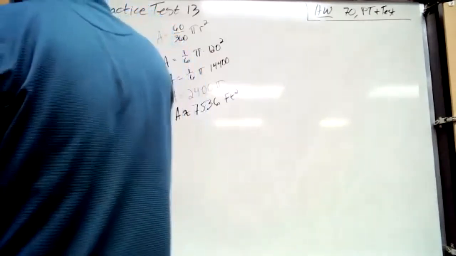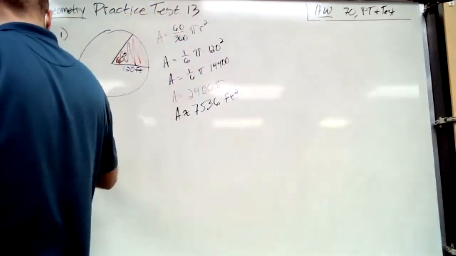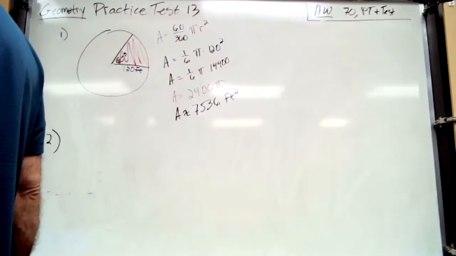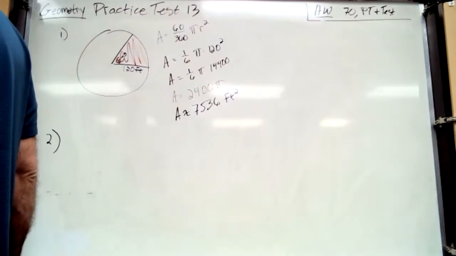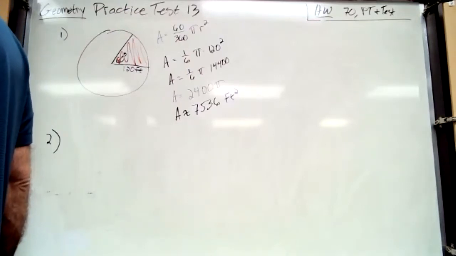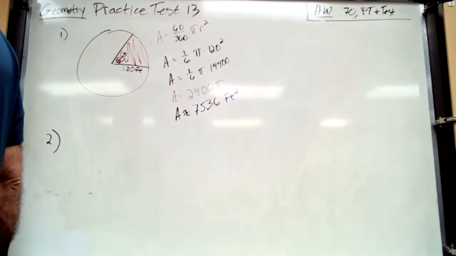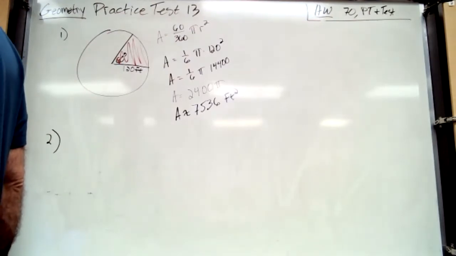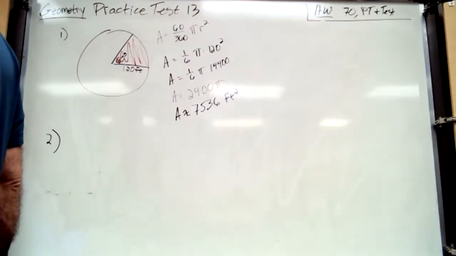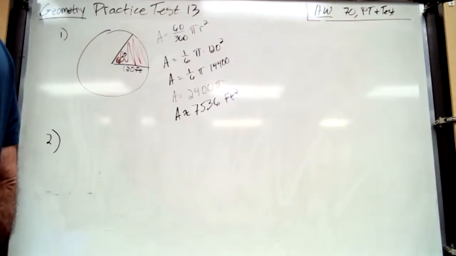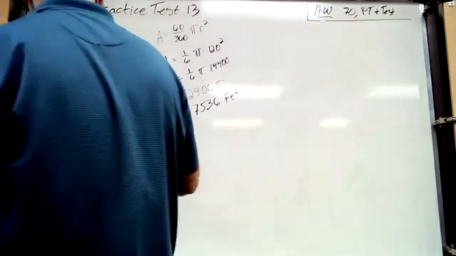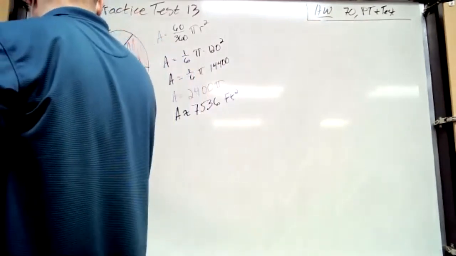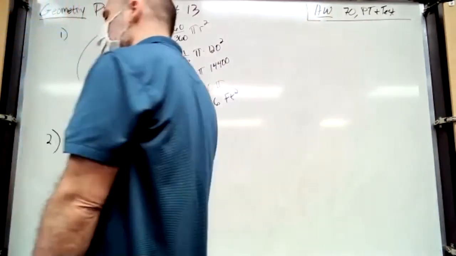All right, number two. If a triangle is equiangular, it's also equilateral, right? And has a perimeter of blah, blah, blah. Determine the length of each side. So the perimeter is 3 times the length of a side.